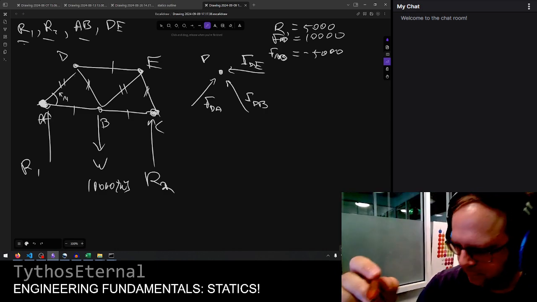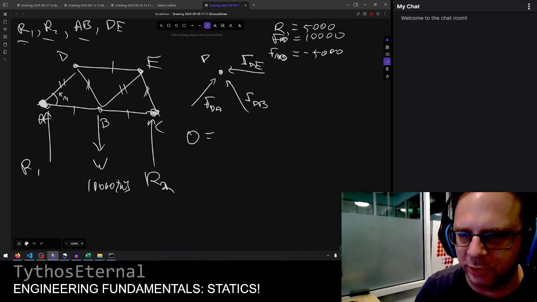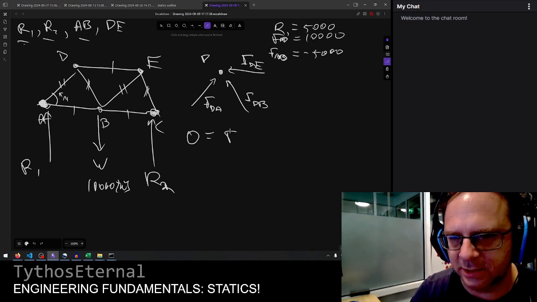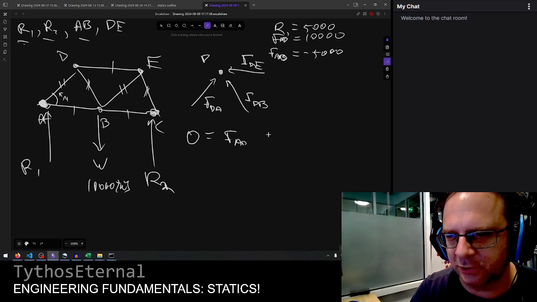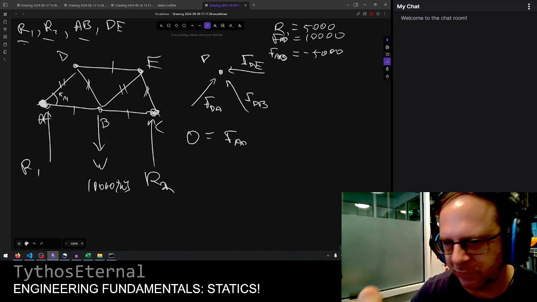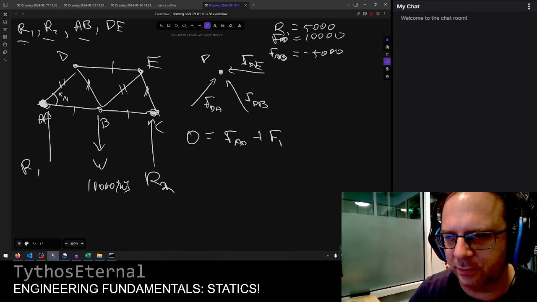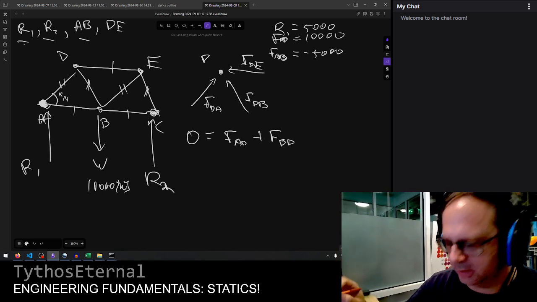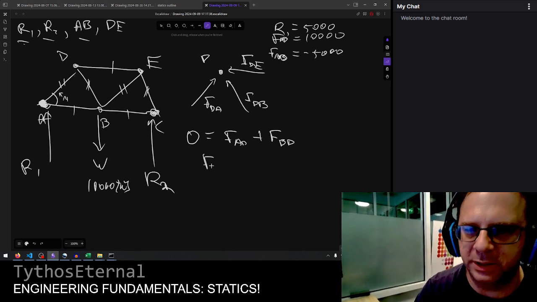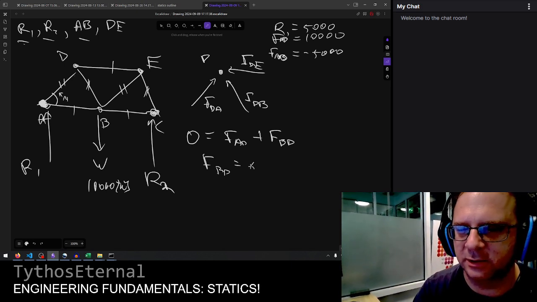So when we summed in the y direction we had FAD sine stuff, we're going to divide by sine stuff because that was the same thing, plus FBD. So we know FBD is also 5,000.